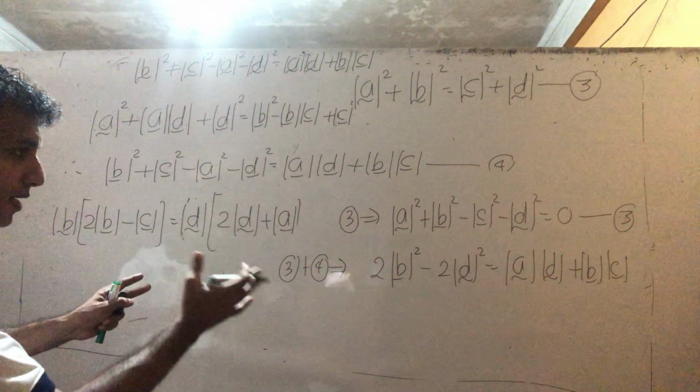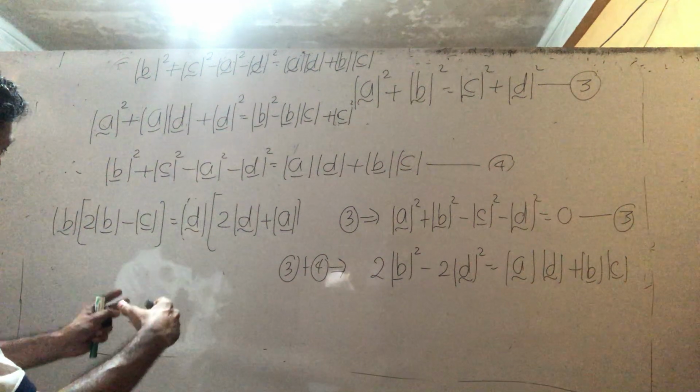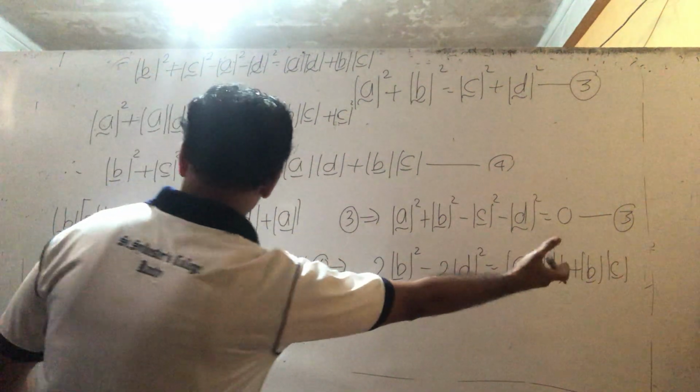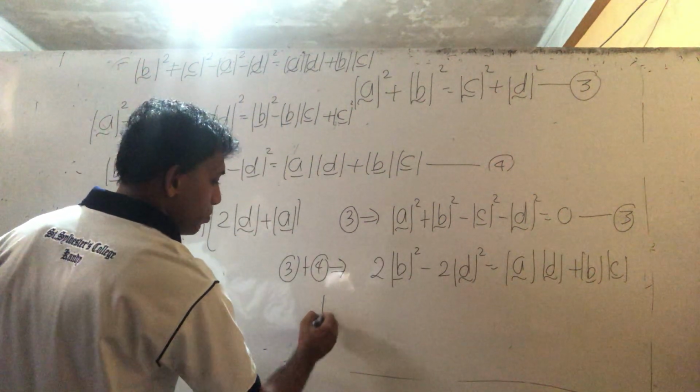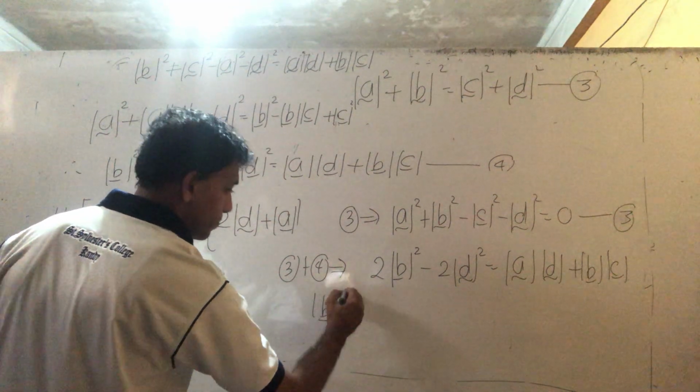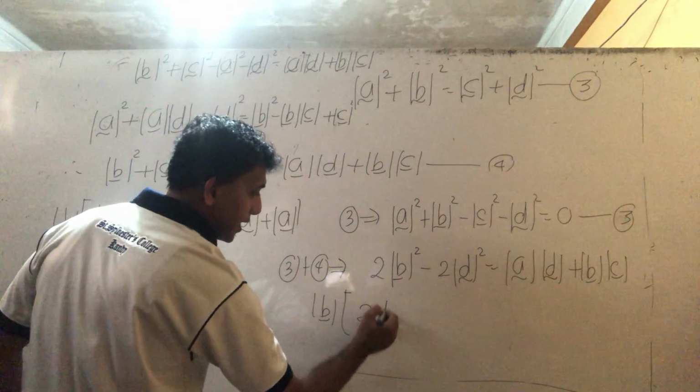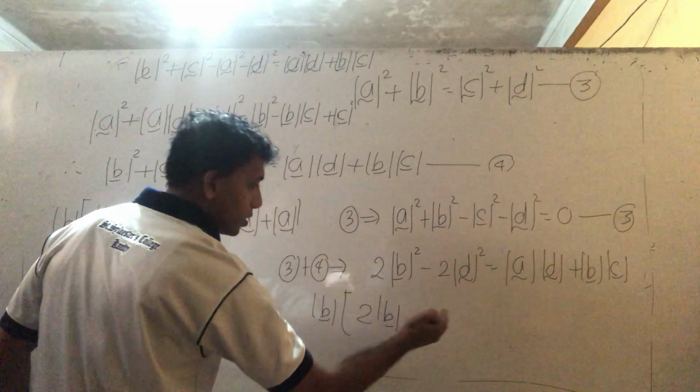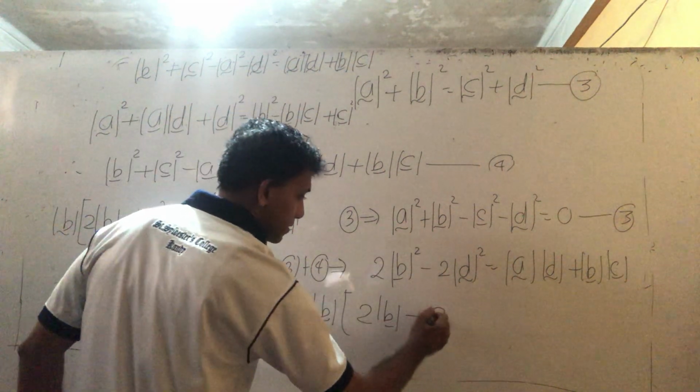Take one side and take the common factors, the common part. Take mod B out. So here 2 times mod B, 2 times mod B minus C.